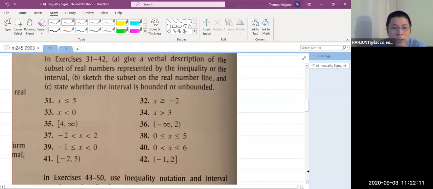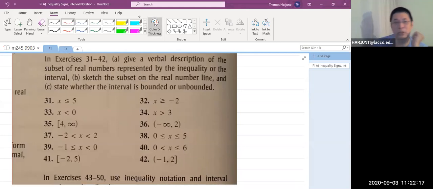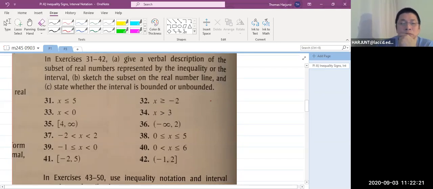Let's see, for example, from this problem set here, which problem do you want to do? Let's choose some questions. Okay, let's say we do maybe number 32. I saw it in the chat. Number 32, okay.